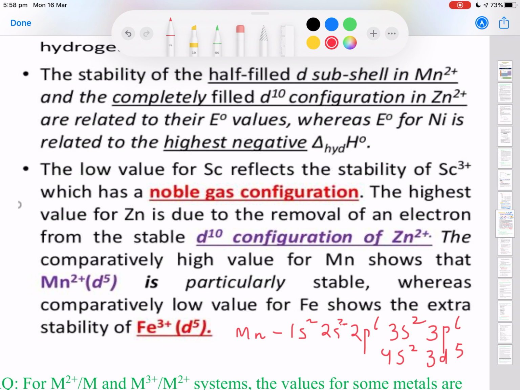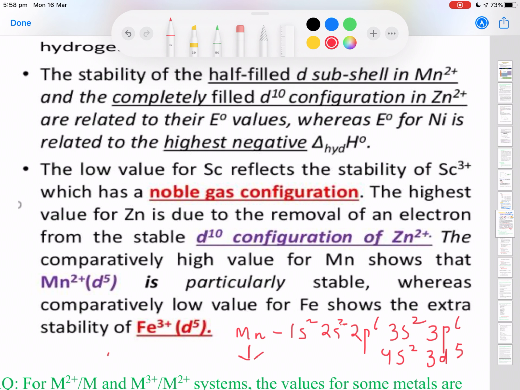Now which state or when can this manganese become more stable? Okay, in other words, I am asking you to give me the oxidation state of manganese in which it shows its maximum stability. So what should be your answer?